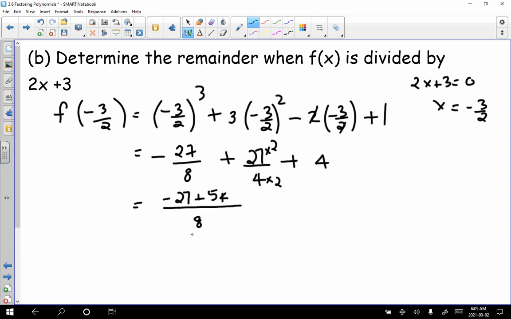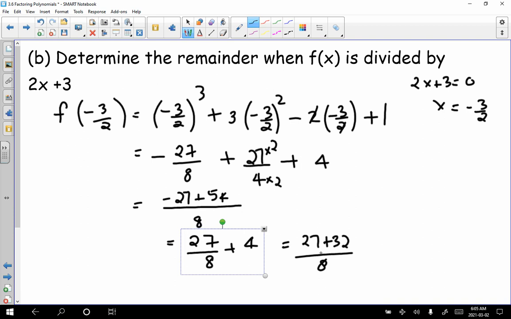So we're going to get 54 minus 27. So what does that work out to? So it looks like 27 over 8 plus 4. That would work out to 27 plus 32 divided by 8, which would be 59 over 8.